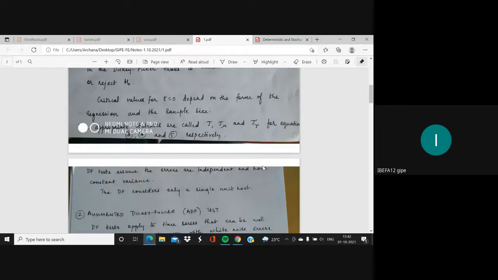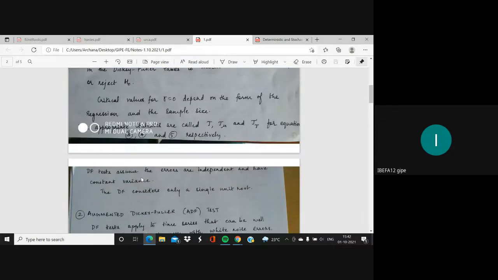If you're using the model where you've included a drift term, then you'll be using the tau mu statistic. If you're using the model given in equation 5, where you've included the time trend also, then you'll use this statistic to compare the critical values. If you look at the Dickey-Fuller table, it will give you separate critical values for each of these cases, again based on the degrees of freedom and the sample size that you're considering.